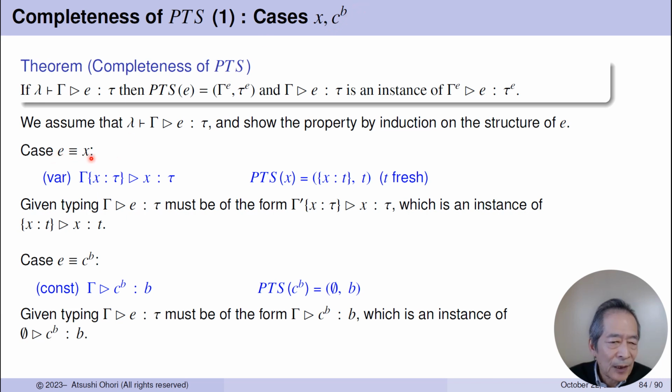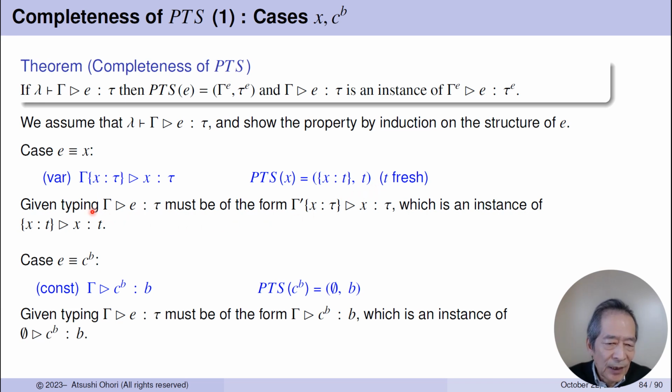For the case of variable x, this is a comment, right? The typing of x is derived by this typing rule, and the definition of PTS is this one, right? Our job is to show that any given, chosen derivable typing is indeed an instance of the result of the PTS algorithm.